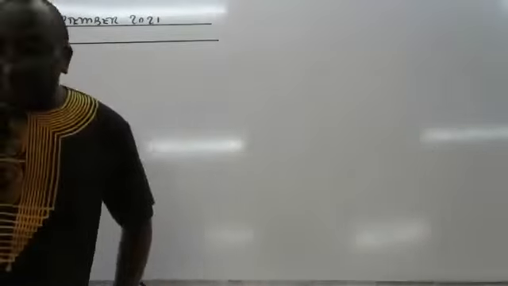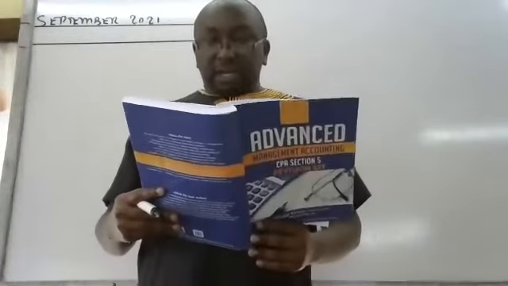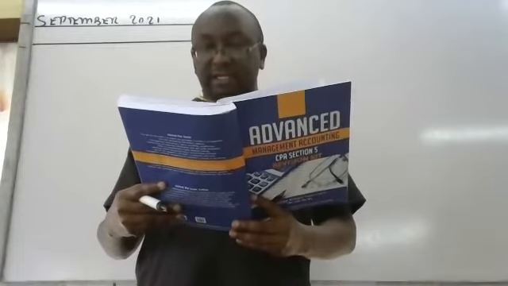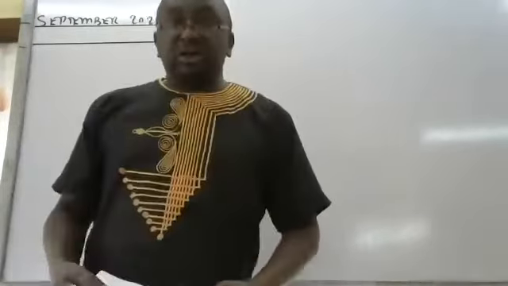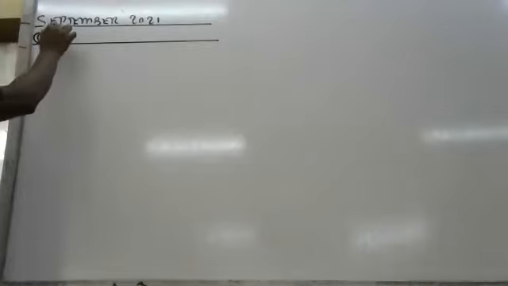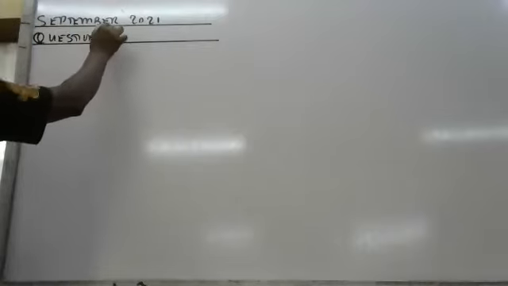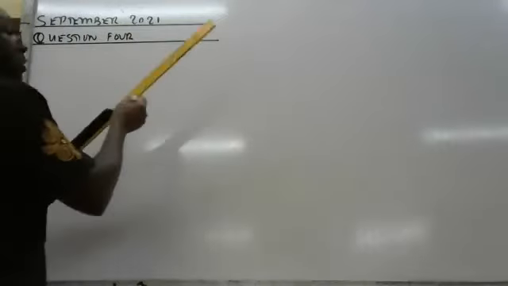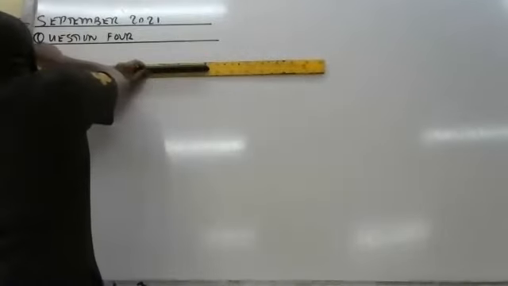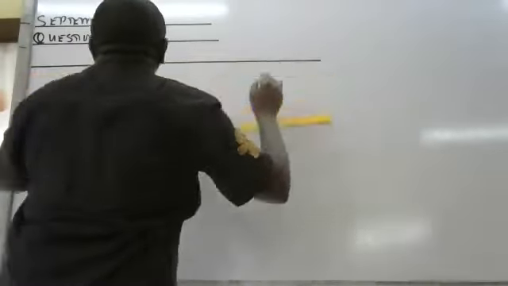Question number 4A says, explain the differences between standard costing and target costing. That is question 4. We are told to explain the differences.